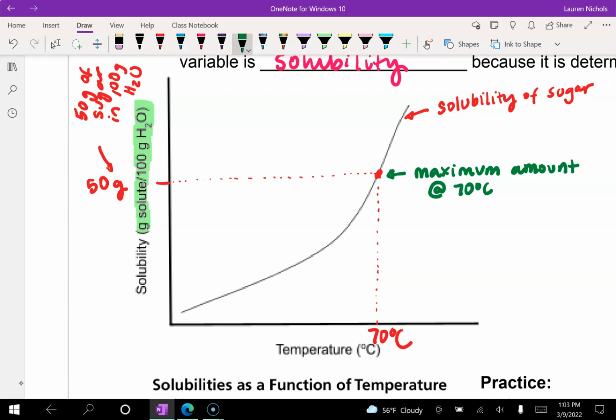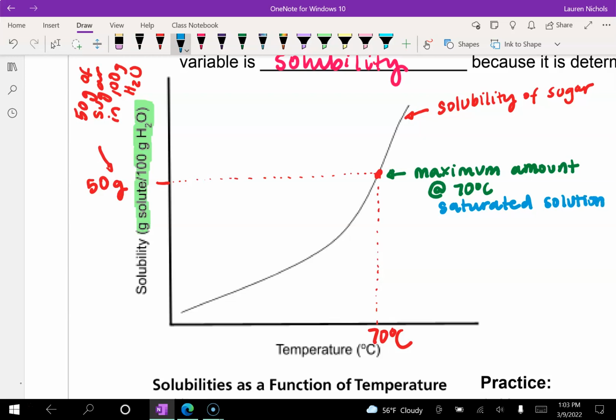Okay, that's the maximum amount. Anything less than 50 would be less than the maximum. Above 50 is more than the maximum. So that means any point along the curve is a saturated solution.